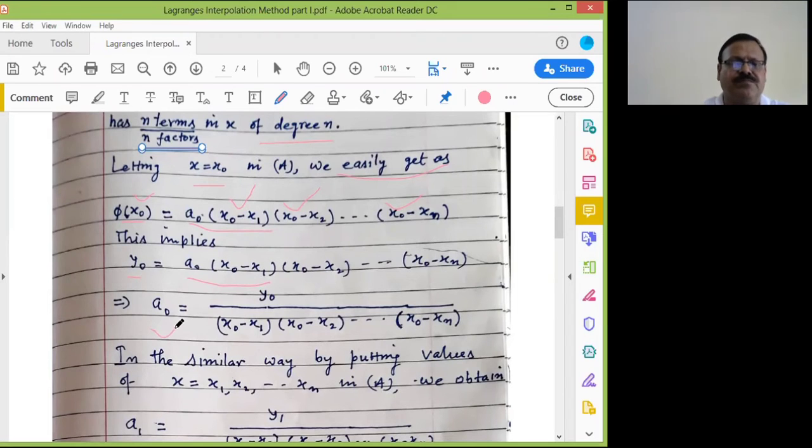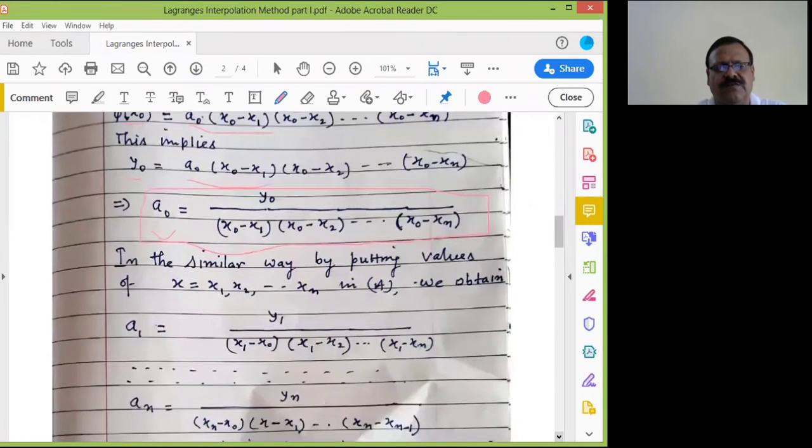So this was the purpose. Designing the special polynomial was only to compute and determine the value of a naught. This kind of thing in numerical analysis is a repetitive or iterative process in several methods.